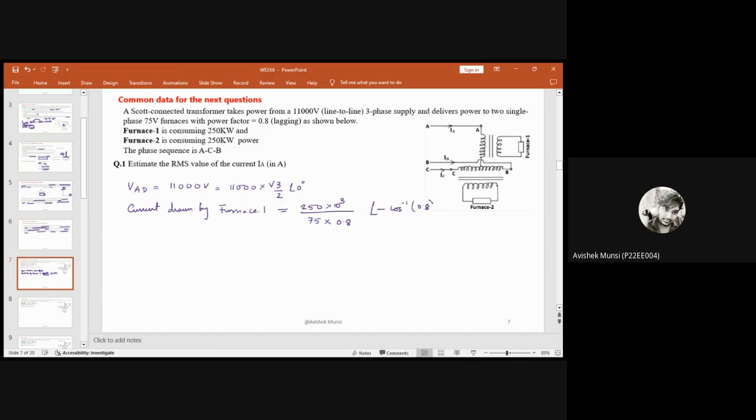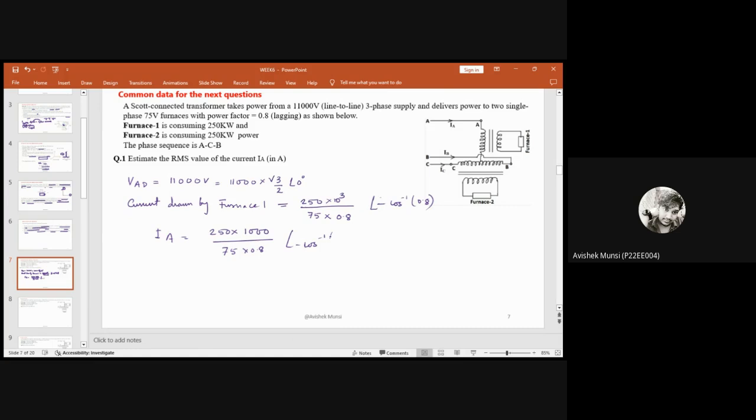Since it is lagging, we put minus over here. So the current IA is basically 250 kilowatts divided by the voltage, from the power flowing in the circuit. If you solve it, it will be around 32.803 at an angle of minus 36.86.